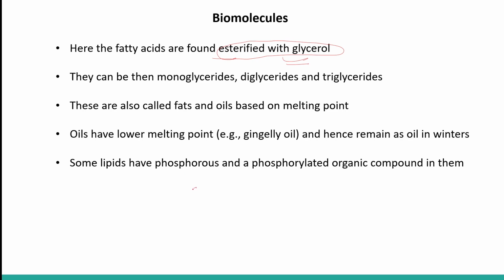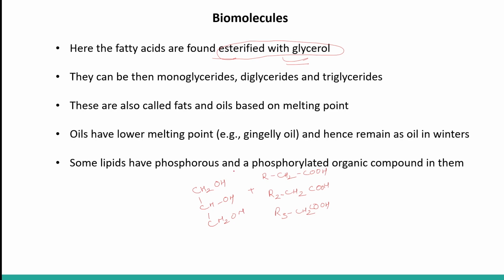So what is glycerol? Glycerol is CH2OH, CHOH, CH2OH. It gets combined with R-CH2COOH, this is one fatty acid, R2-CH2COOH, another fatty acid, and R3-CH2COOH, another fatty acid.